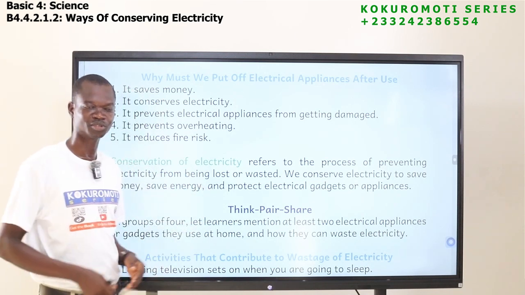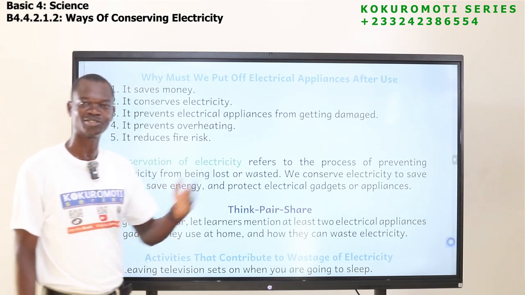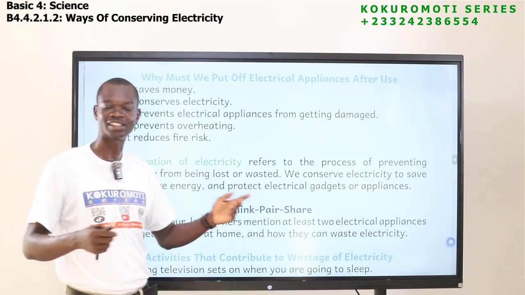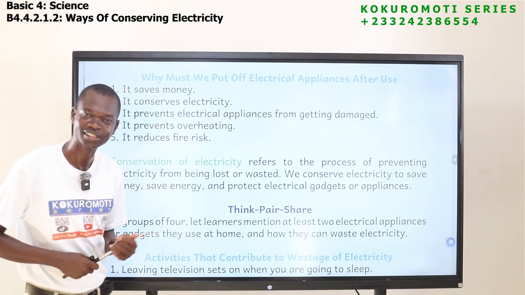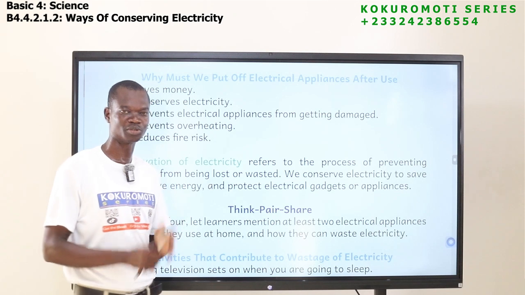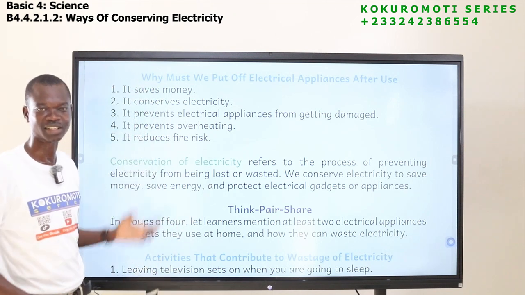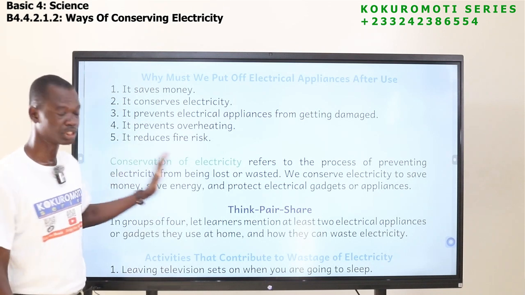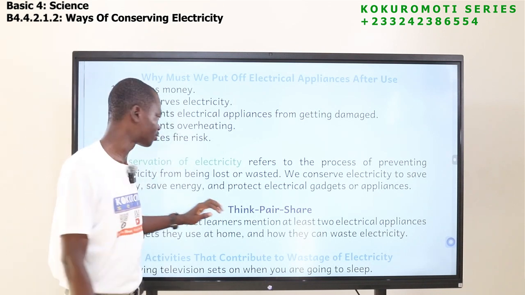Your electric stove is on, water is there, or you put water or something in it and it is there. Do you know what will happen? It can catch fire. So this is what you should know, that if our electrical appliances are not in use, we need to put them off, so that it will reduce fire risk.